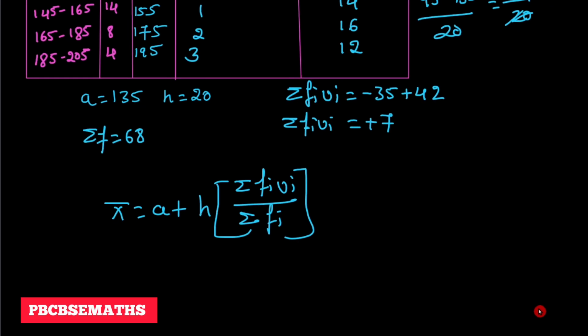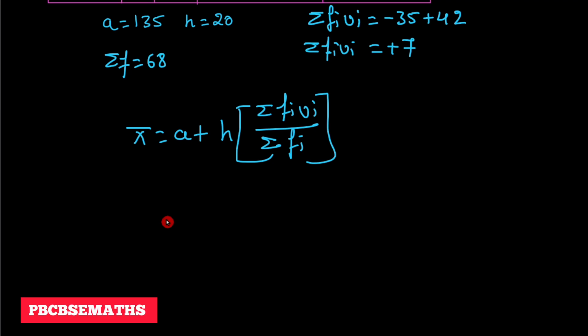So simply we will substitute the values now. The value of a is here 135, plus the value of h is 20 into the summation of fi ui, whose value is 7, divided by the summation of fi, whose value is 68.